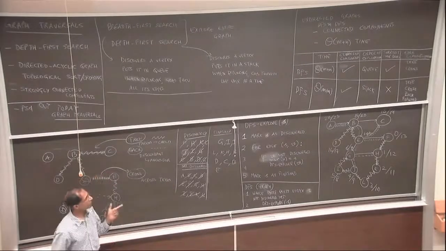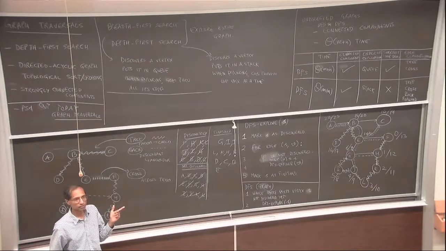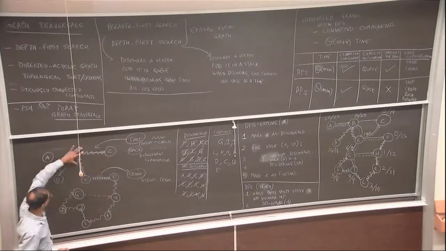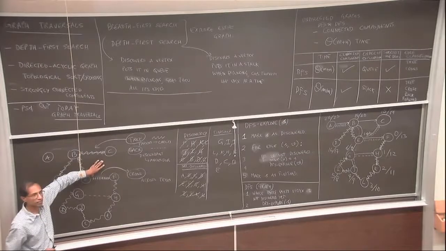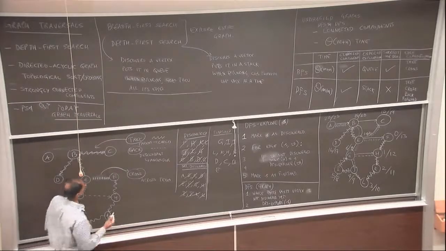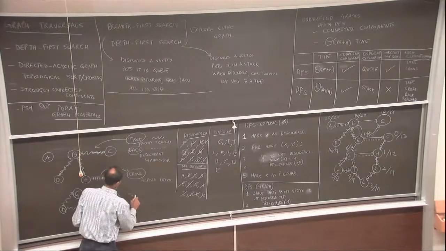What about the edge from E to C? E to C is in the same tree, connecting two vertices in the same tree. But what kind of edge is it? It goes from an ancestor to a descendant, and that's called a forward edge.